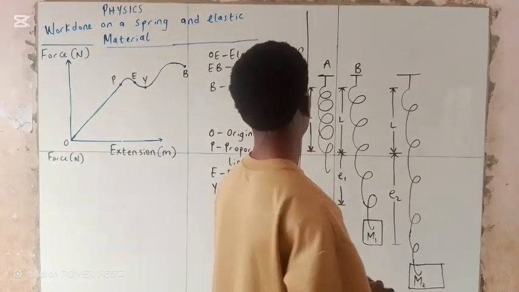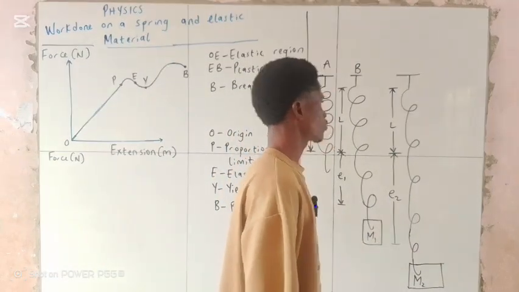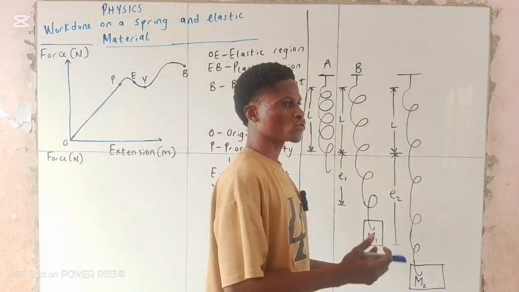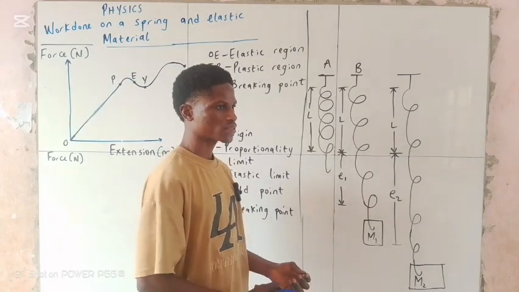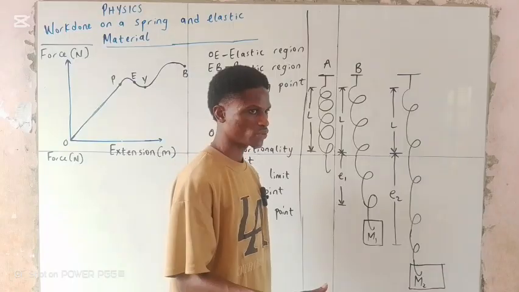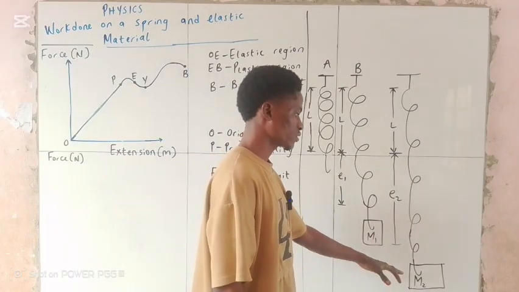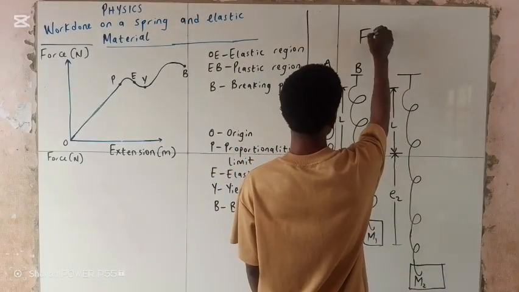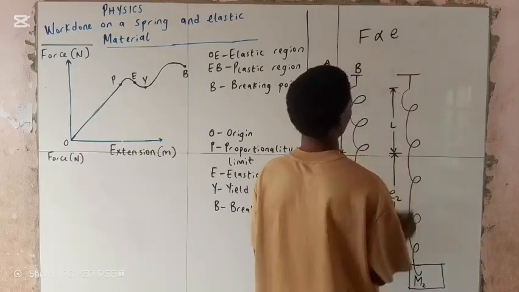So from Hooke's law, we said the extension produced in an elastic material is directly proportional to the applied force, provided that the elastic limit of the material has not been exceeded.